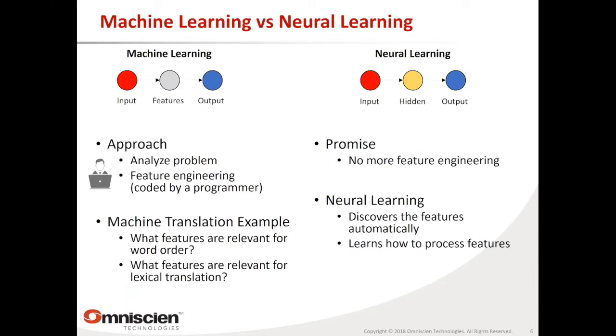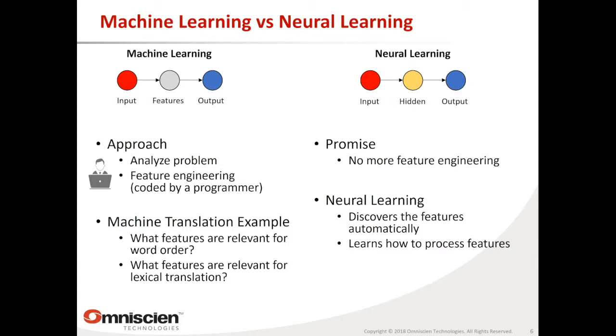So with machine learning, the traditional approach has been you have your input, you work out what your features are through analysis, and then you generate your output. So that feature engineering is typically done by a programmer where you code a feature, and those kinds of features in machine translation would be something like what is relevant to word order or what is relevant to lexical translation or lexical transfer.